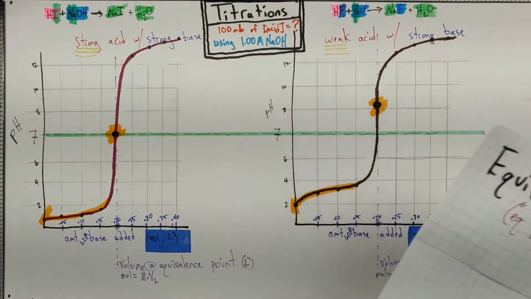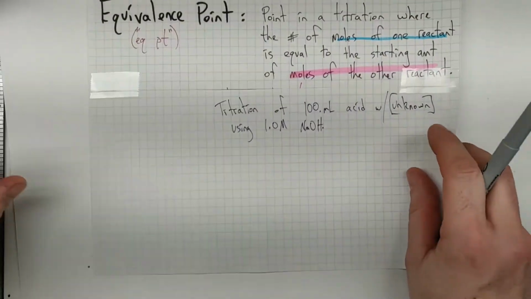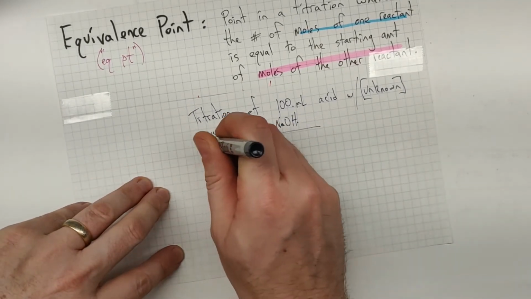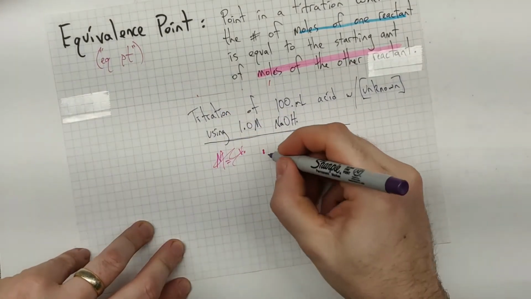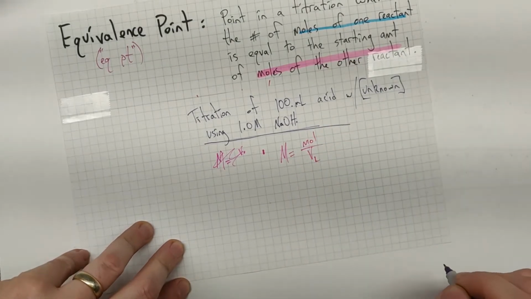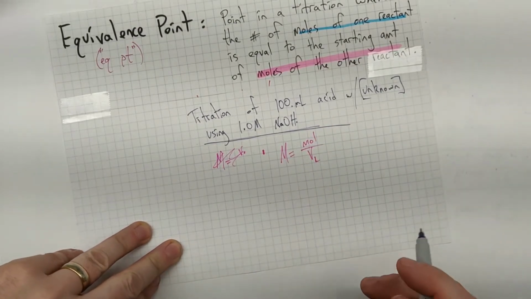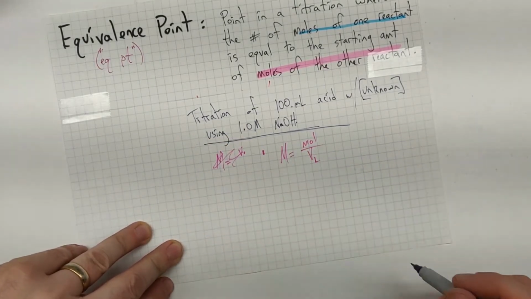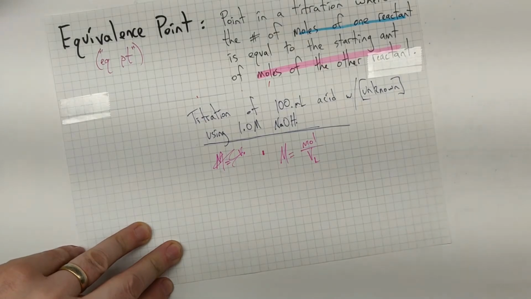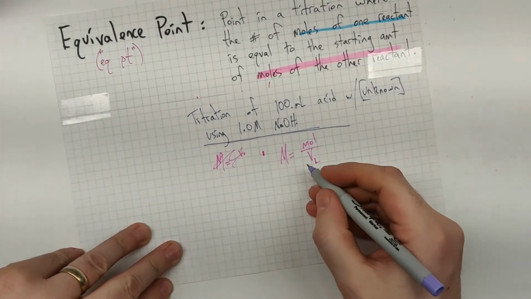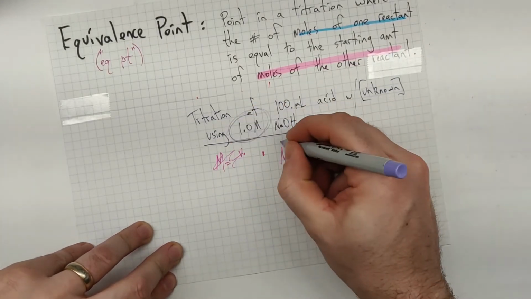I want to set this up. 100 mils of our acid with unknown concentration using 1.0 molar NaOH. We know that molarity is the moles of something over the volume in liters. And in this particular problem, I just told you we've got an equivalence point around 200 milliliters of our base. Something that I suggest to people all the time is write the equations and use them as a checklist. I then know this concentration right here.